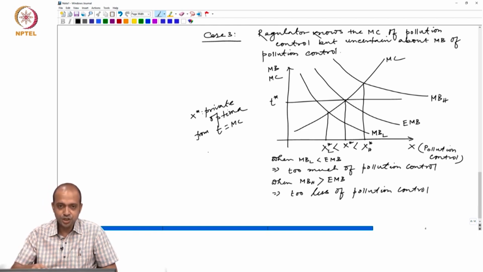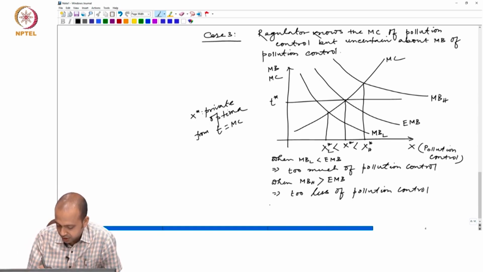When there is uncertainty either with MB or with MC, effectiveness of emission control depends on the relative slopes of marginal benefit and marginal cost of pollution control.